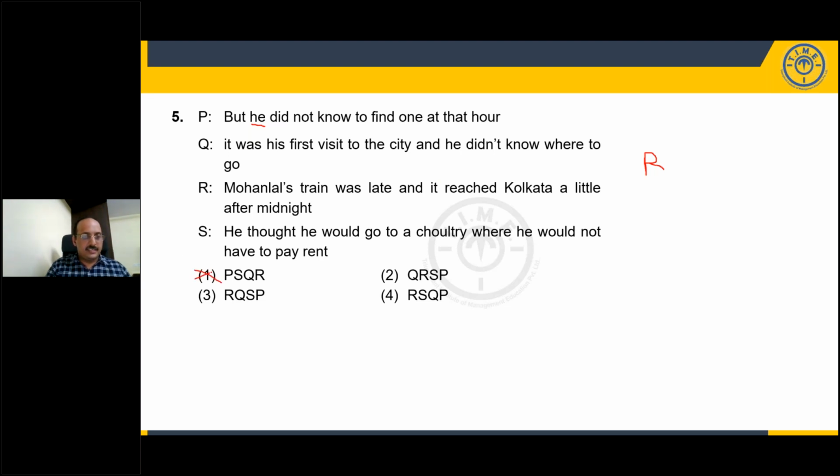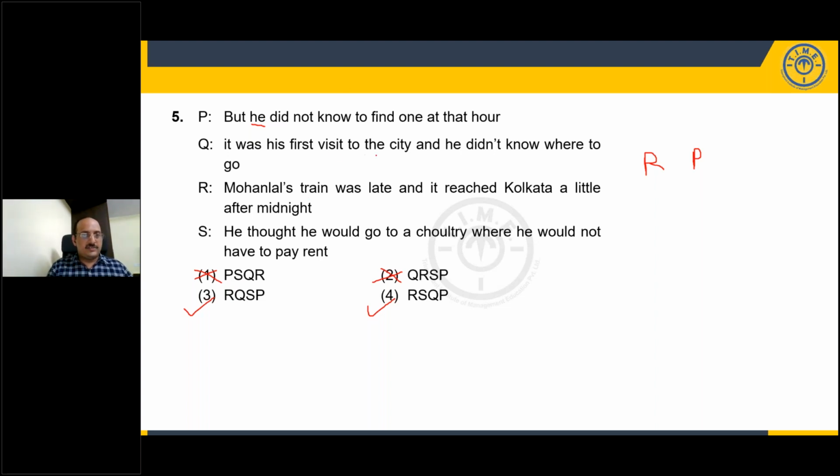So 1 gets eliminated, 2 gets eliminated, 3 could be a possible answer, 4 could be a possible answer. So RQSP, RSQP. All right, these two. In both cases, P is the last line, so even that is fixed for me. I just need to check the position of S and Q now. Mohanlal's train was late and it reached Kolkata a little after midnight. Now let's examine 3.